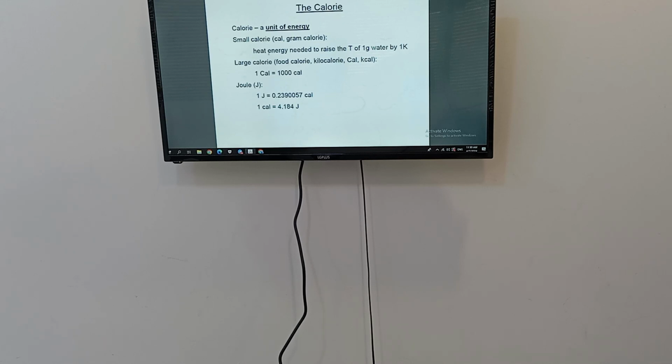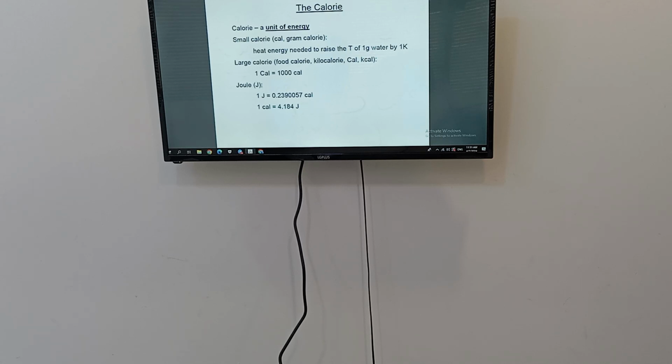The small calorie is the heat energy needed to raise the temperature of 1 gram of water by 1 K. The large calorie is the calories in food, the kilocalorie, and these are its symbols. One large calorie equals 1000 small calories.